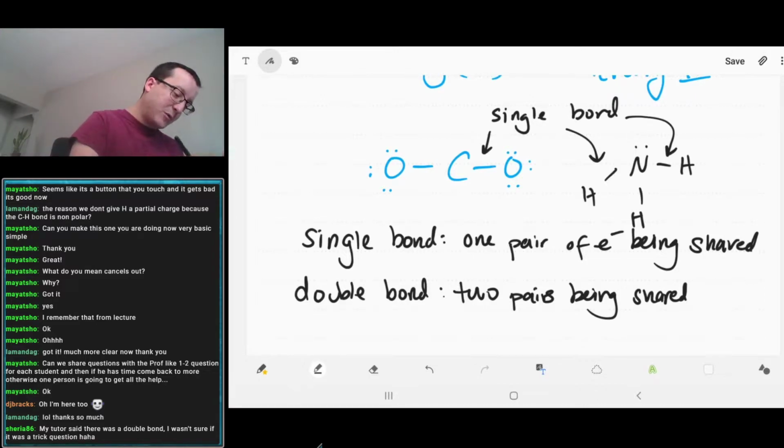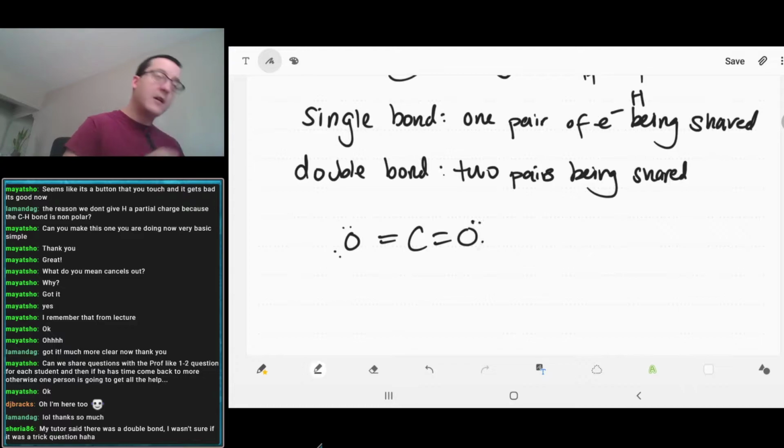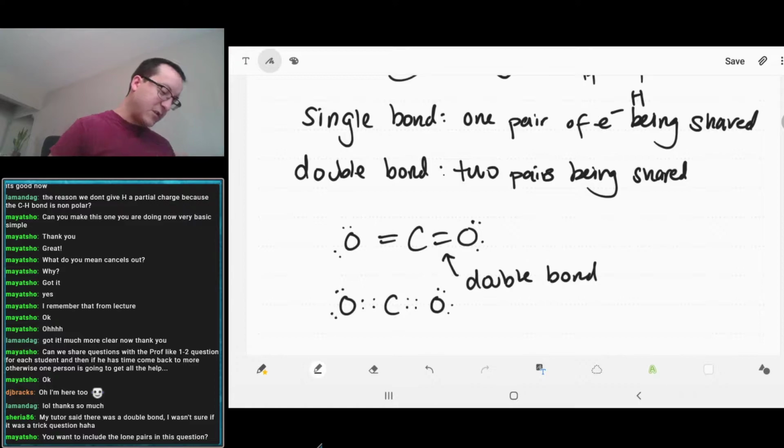You're going to have to move a pair in, right? And so if you do that, you end up with this after you move that lone pair in. And so now this is called a double bond. And if you want to think about it in terms of electrons, it's exactly what you've drawn there on the question. You're sharing 2 pairs of electrons.